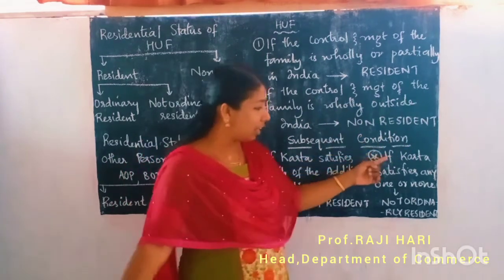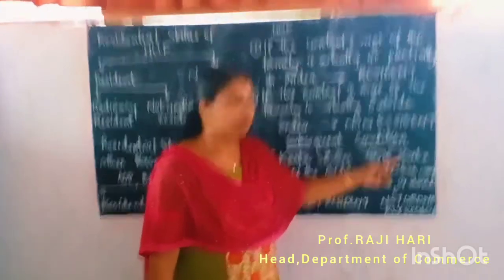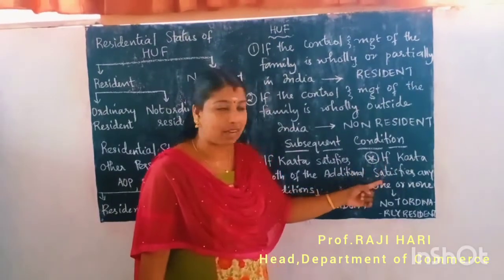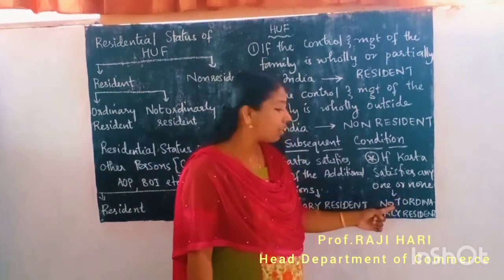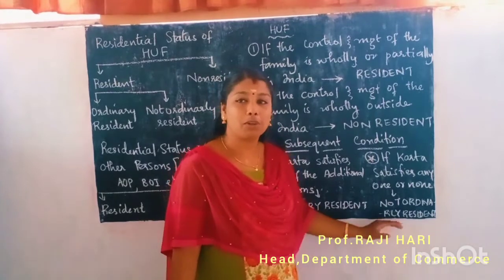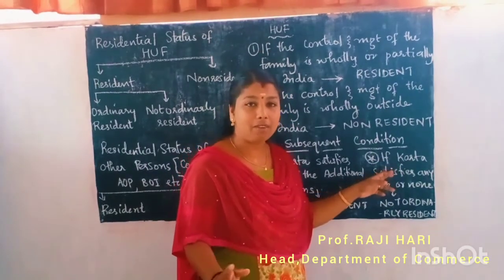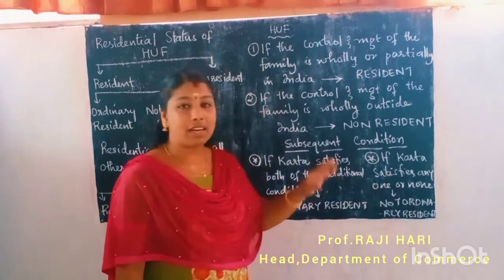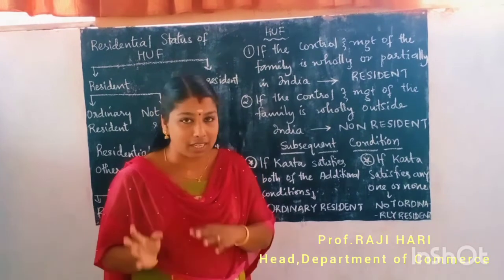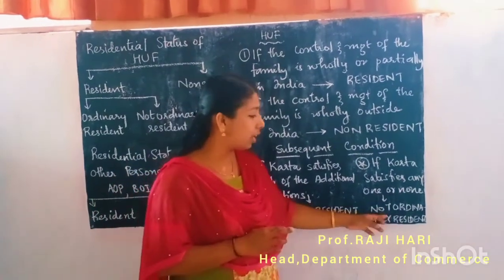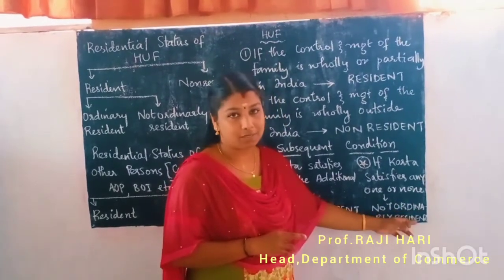The second one is, if the Karta or the manager satisfies any one or none of the additional conditions, that family is not ordinarily resident. If he does not satisfy both of the additional conditions, the family is known as not ordinarily resident.